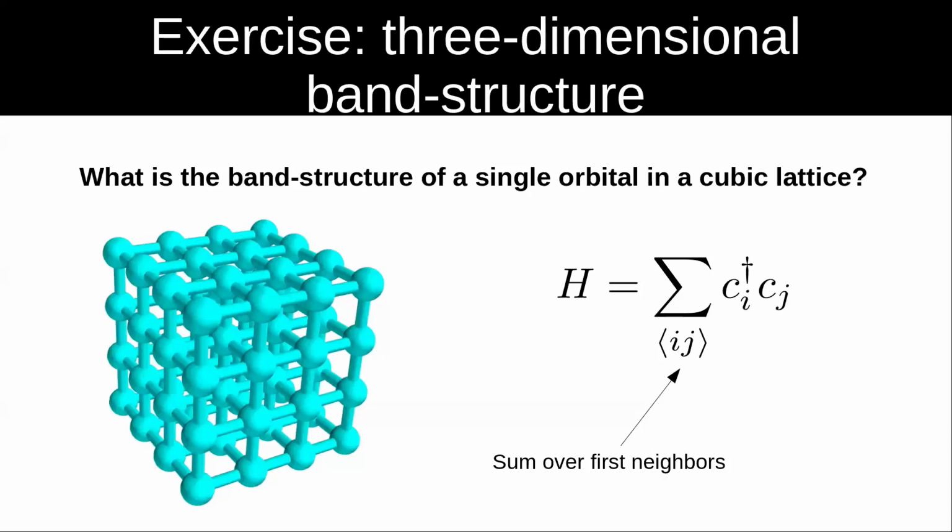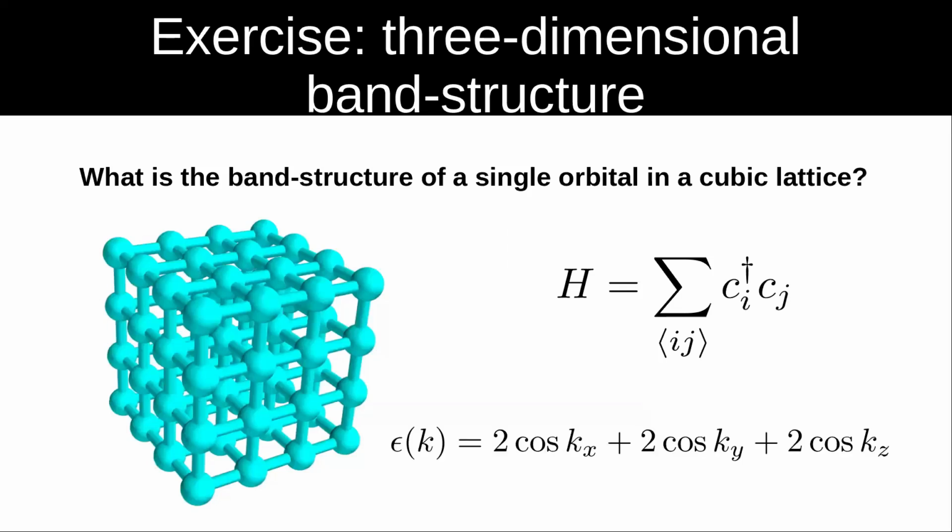If you use that trick 3 times, you will pick up each phase for each direction once: once for the x direction, once for the y direction, once for the z direction. That gives rise to this dispersion relation. And you can systematically do this for 4 dimensions, 5 dimensions, 6 dimensions, and so forth. The trick is exactly the same. We are all the time exploiting the fact that our eigenstates are simultaneously eigenstates of the Hamiltonian and of every single translation operator that we have in our model.